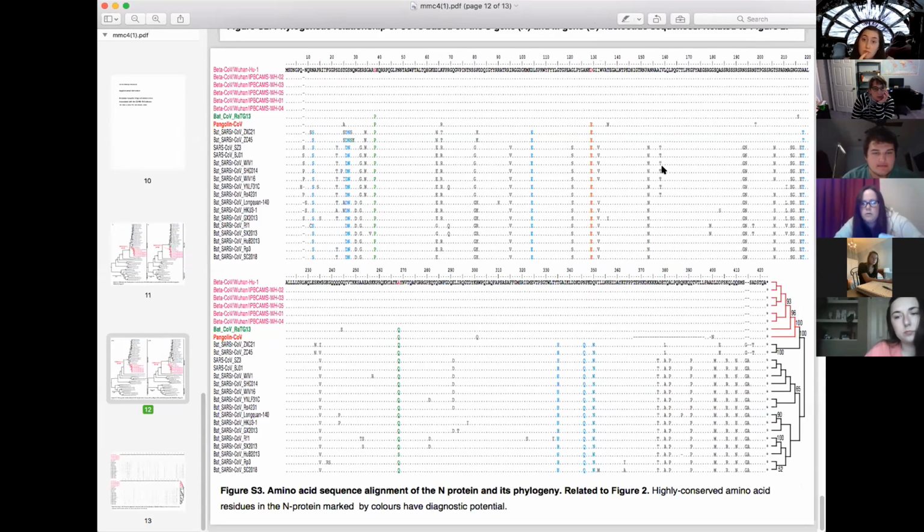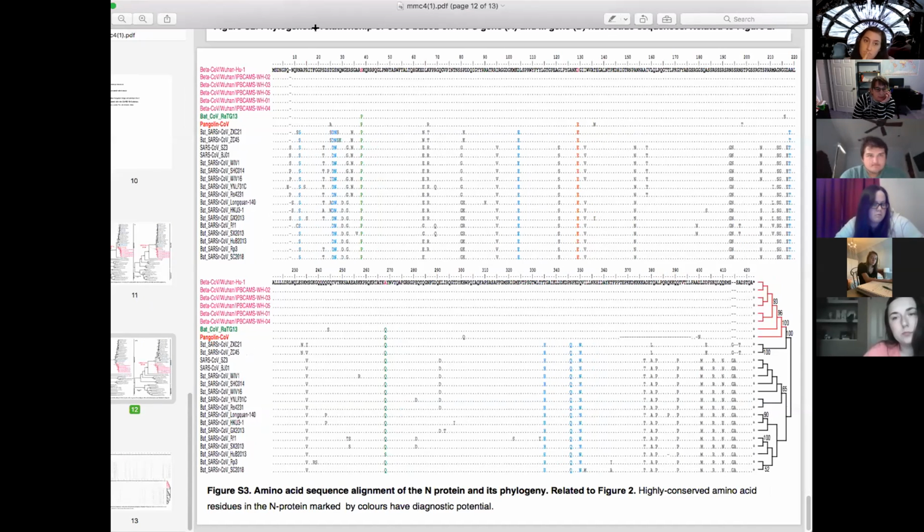Yes. Okay. So in figure S3, you have the same idea. This is the amino acid sequences. You can see all the same coloring of the taxa anyway.